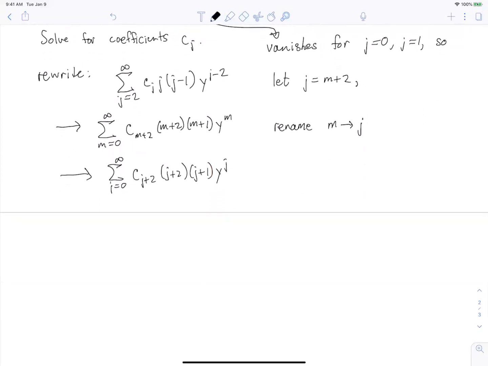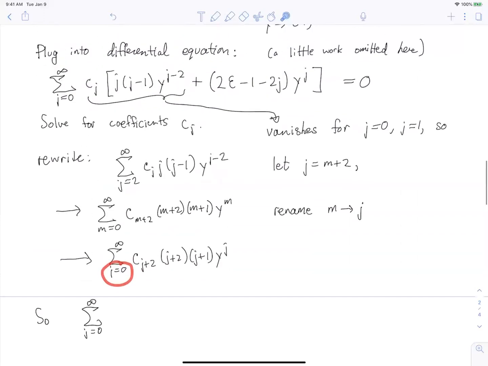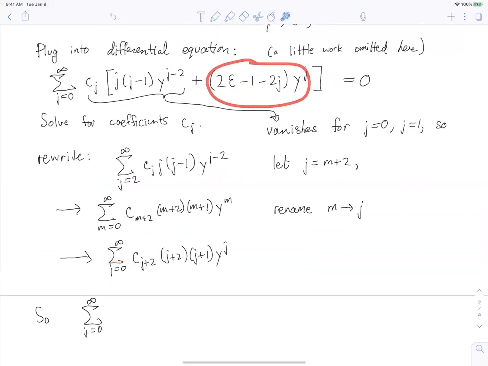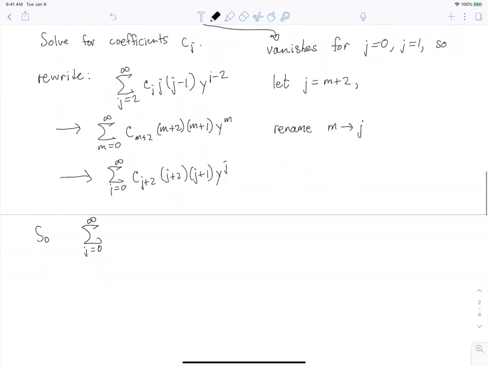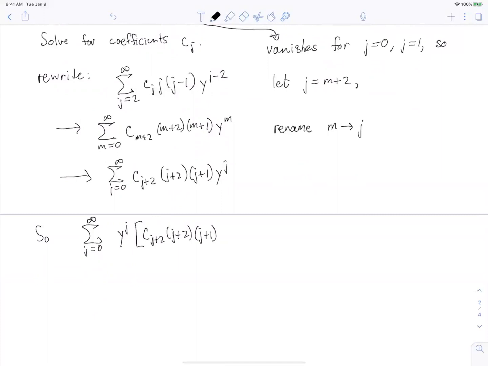So our equation becomes the sum j equals 0 to infinity of y to the j times c sub j plus 2, j plus 2, j plus 1, plus c sub j, 2 epsilon minus 1 minus 2j.